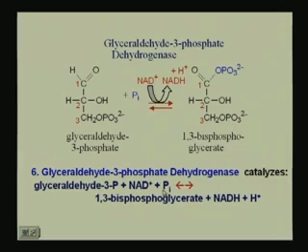We are using Pi. Okay. So, the reaction here is glyceraldehyde 3-phosphate plus NAD plus Pi in a reversible step, giving you 1,3-bisphosphoglycerate plus NADH plus H plus. So, this is our 6th step, where what has been done is we have added a phosphate using NAD plus forming NADH in a reversible step.